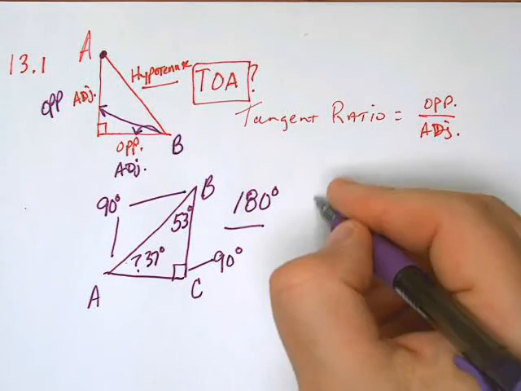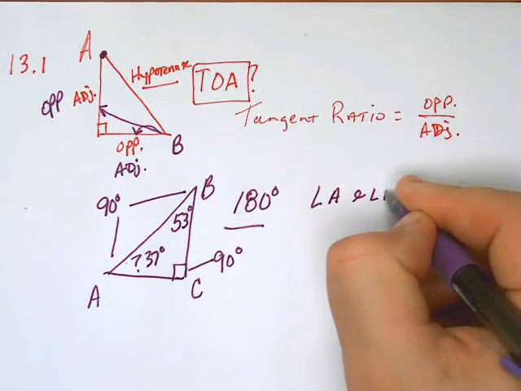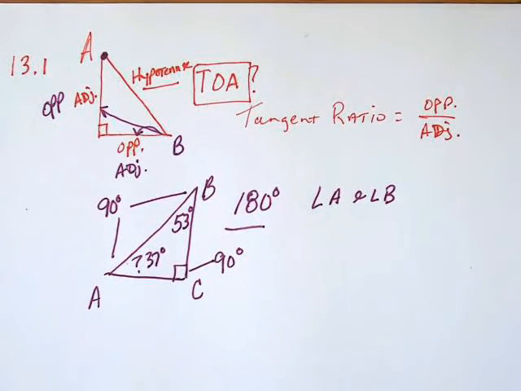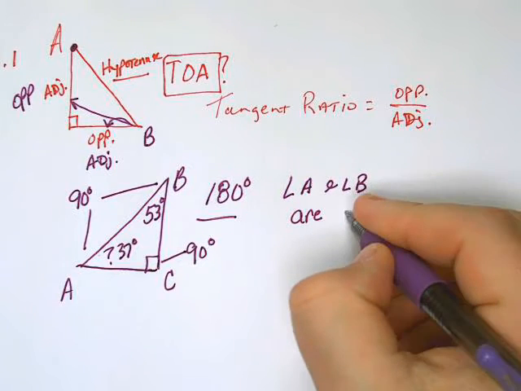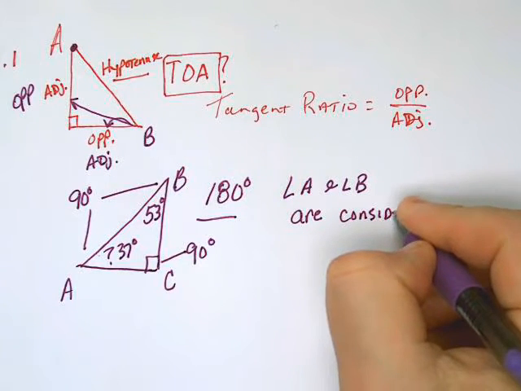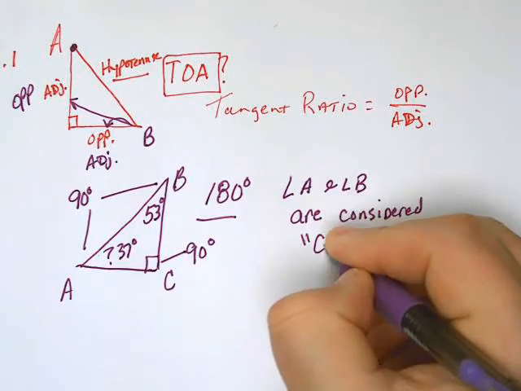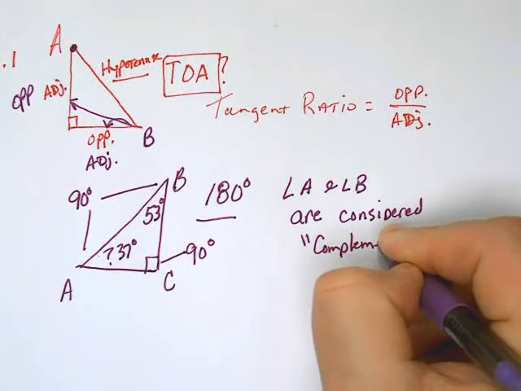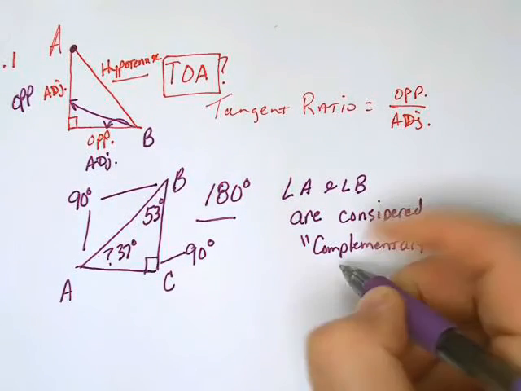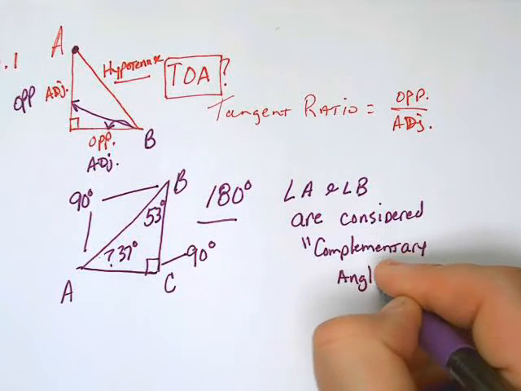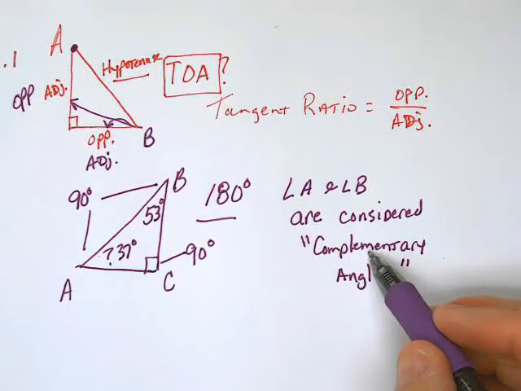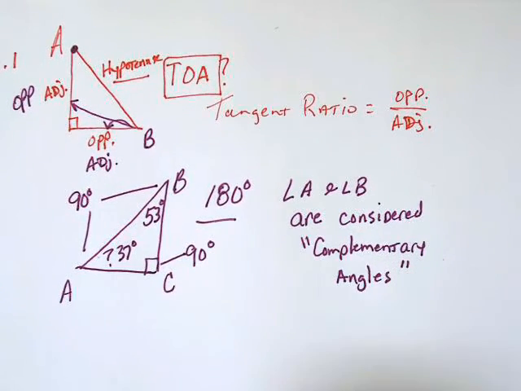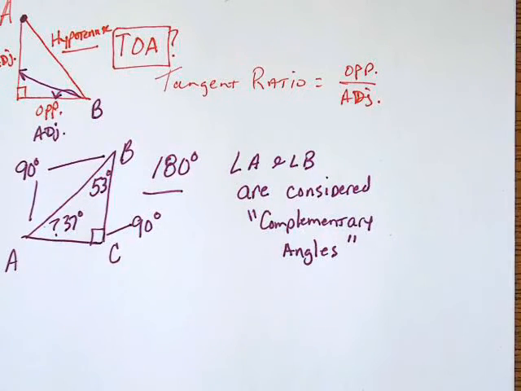When that occurs, angle A and angle B are considered complementary angles. Spell it right, Poffenbarger. It's not like compliment, like I like your sweatshirt. That's with an I. So spell it correctly: complementary.